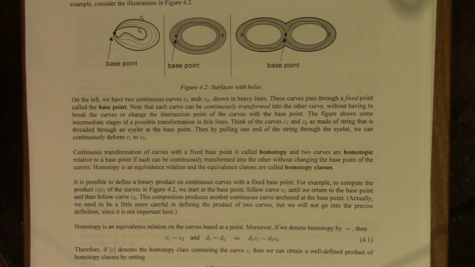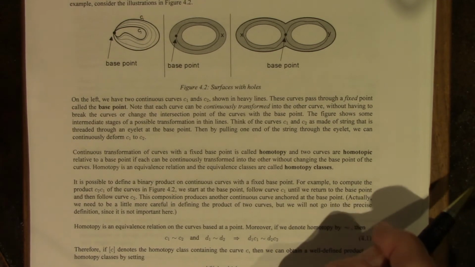Basically, you take one of the ends of the string and you pull it through the eyelet, and it will start to move in a continuous fashion, and it is, at least theoretically, possible to transform C1 into C2. To get from C2 to C1, you'd have to push the string. Okay.